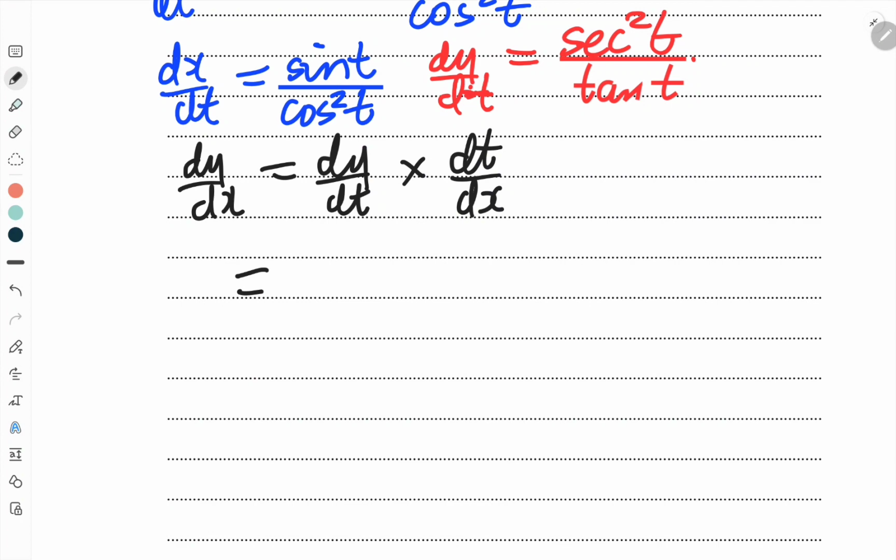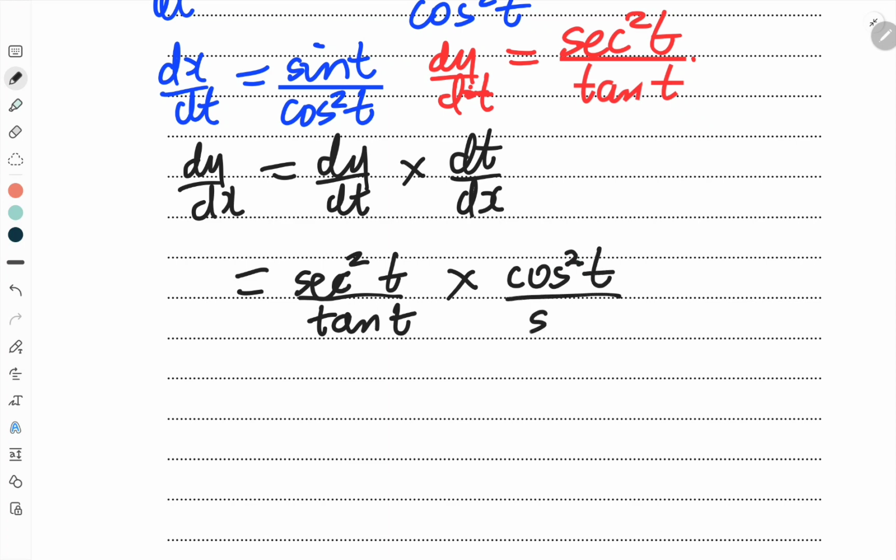So dy/dt is sec squared t over tan t, times dt/dx. That means we invert our dx/dt, which becomes cos squared t over sine of t.